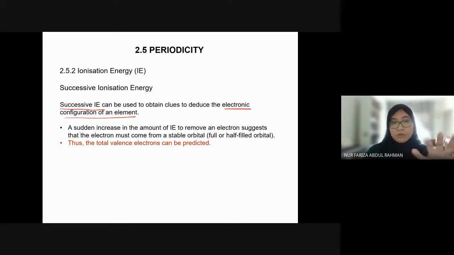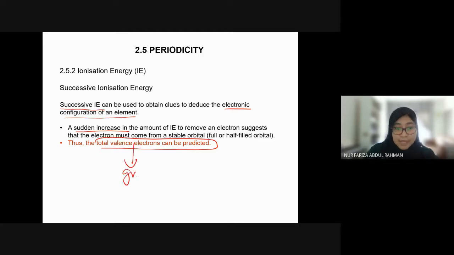We will be based on a sudden increase in the amount of ionization energy to remove an electron. This suggests that the electron must come from a stable orbital, full or half-filled orbital. Thus the total valence electron can be predicted. Like I said just now, we can determine the valence electron, which represents the group, remember?